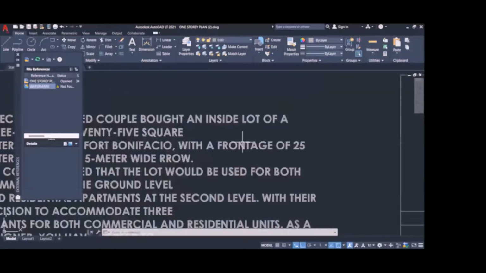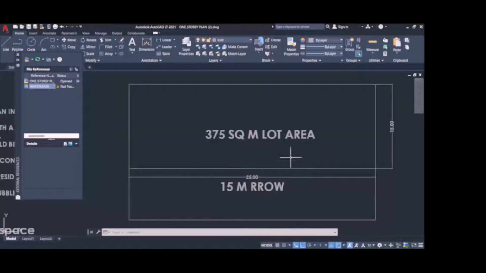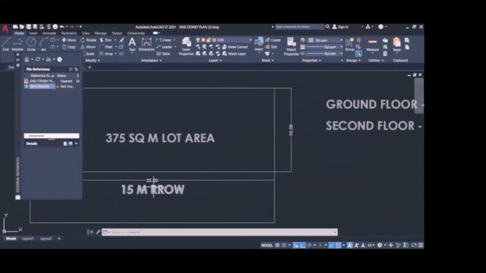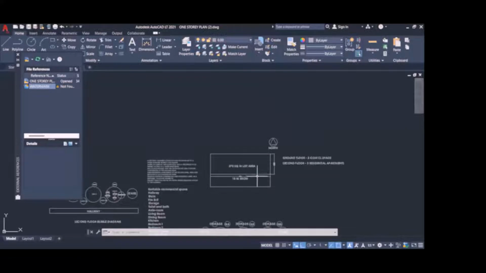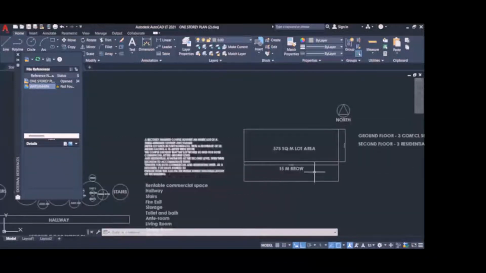So ibig sabihin, frontage, so it is adjacent to a road right-of-way. So ito yung 25 meter na yon, and then this is the 15 meter road right-of-way. So doon pa lang, meron na tayong vague idea kung gaano kalaki yung site.